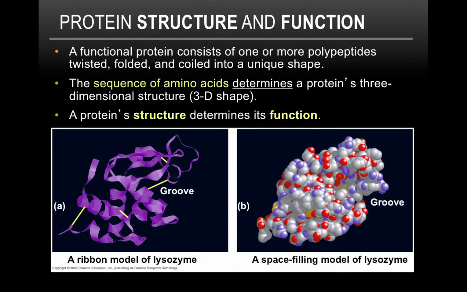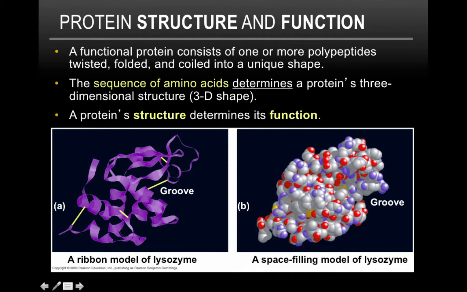I mentioned previously that a polypeptide is not the same as a protein. A polypeptide is the initial polymer. It consists of a linear chain of amino acids joined by peptide bonds. But that polypeptide must fold into a precise three-dimensional shape that will facilitate a specific function for the cell, and then we can call it a protein.